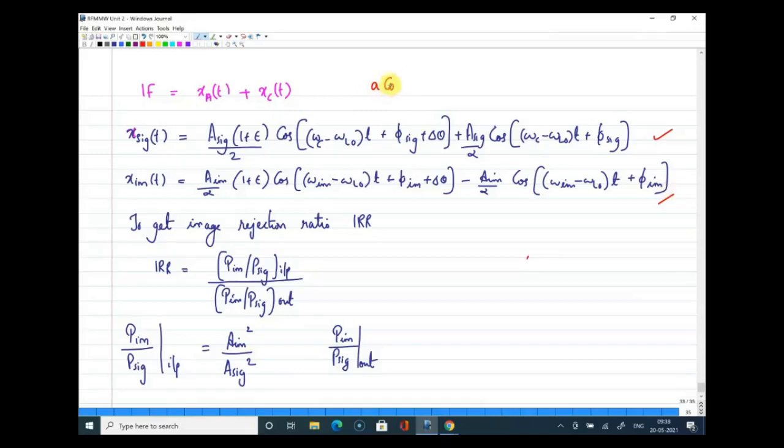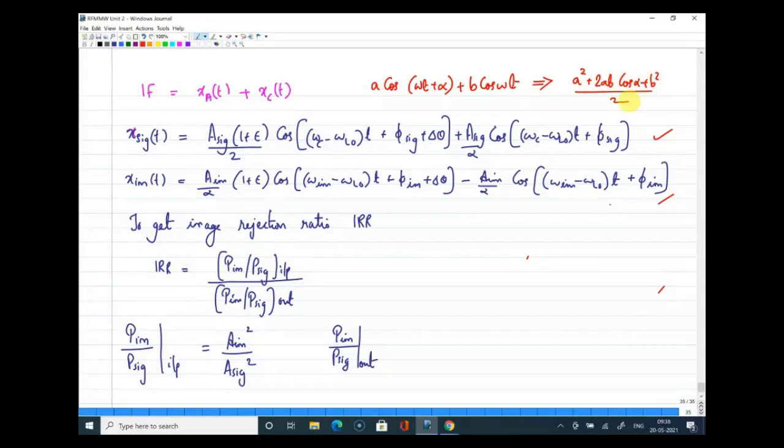There is an amplitude A, then there is a phase term plus of this form. This is the form of my signal as well as image, right? So whenever you have a vector sum of this form, you can write the amplitude from this as a square plus 2ab cos alpha plus b square, divided by 2. This is how you typically write the power of this.